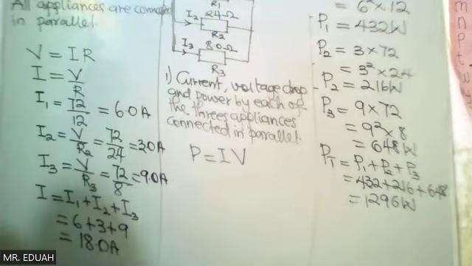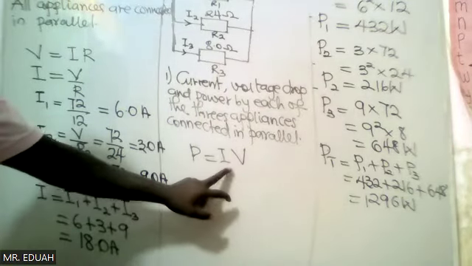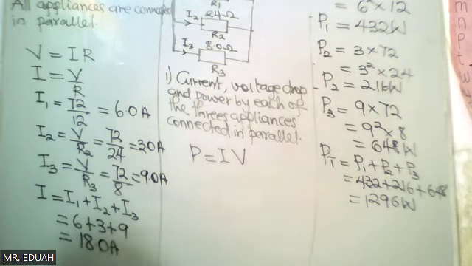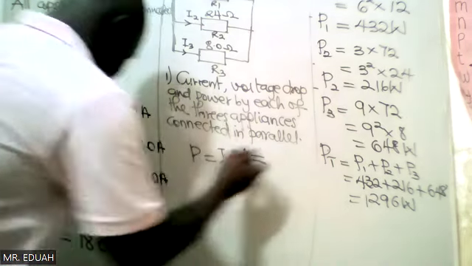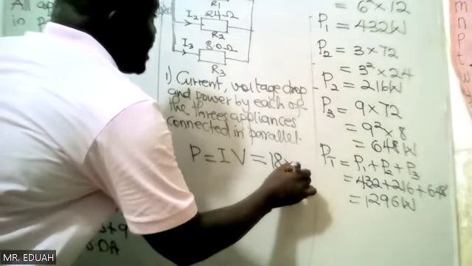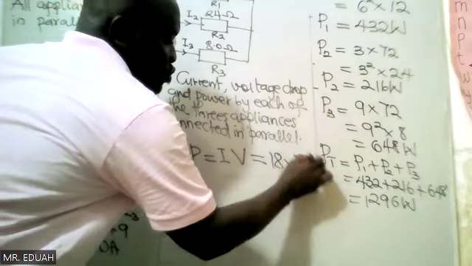So if I manage to get the total current and then the voltage, it must give me the same thing. So let's multiply 18 by 72.